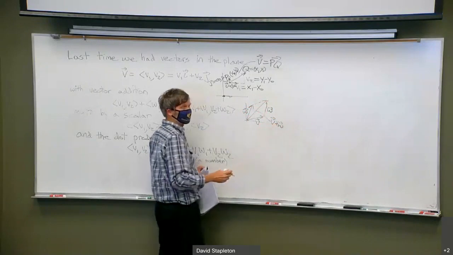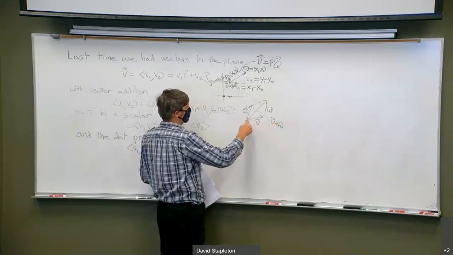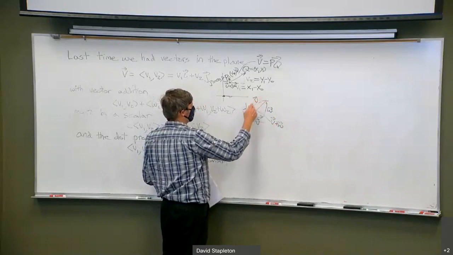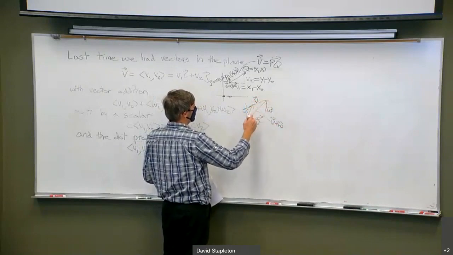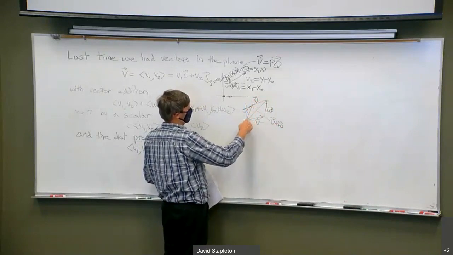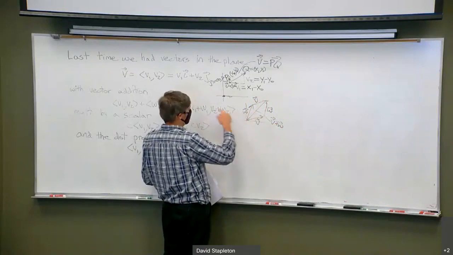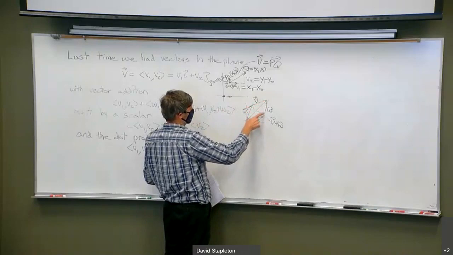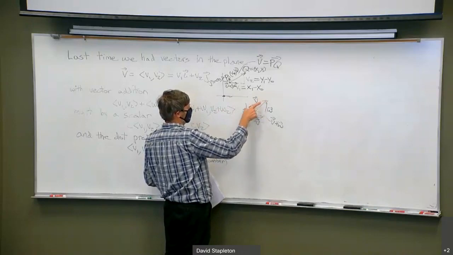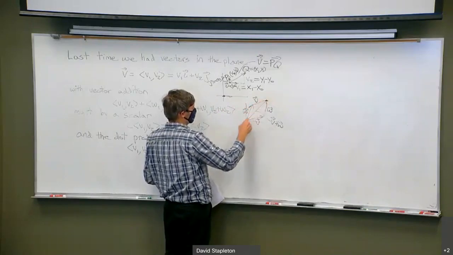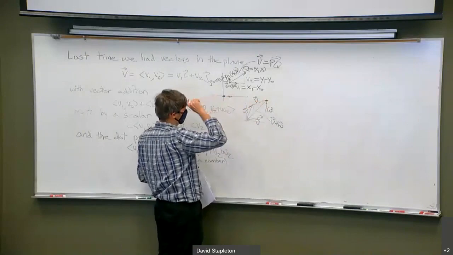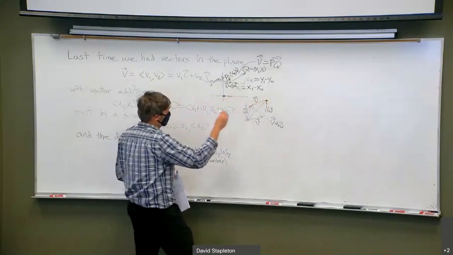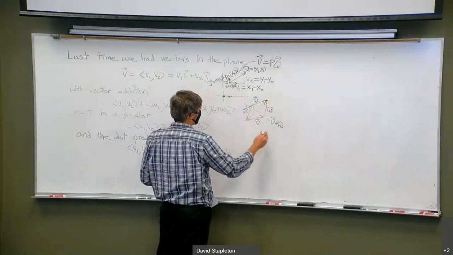But vector addition is commutative. You can add in either order. So you can also take W followed by V put at the end. Take a copy of V, put it at the end of W, and then from the initial point of W to the terminal point of V, that vector is also V plus W or W plus V.